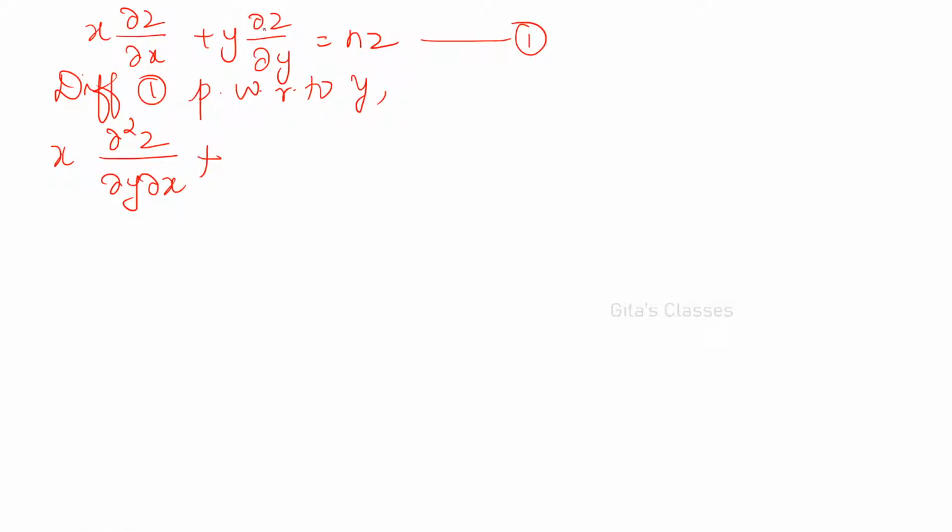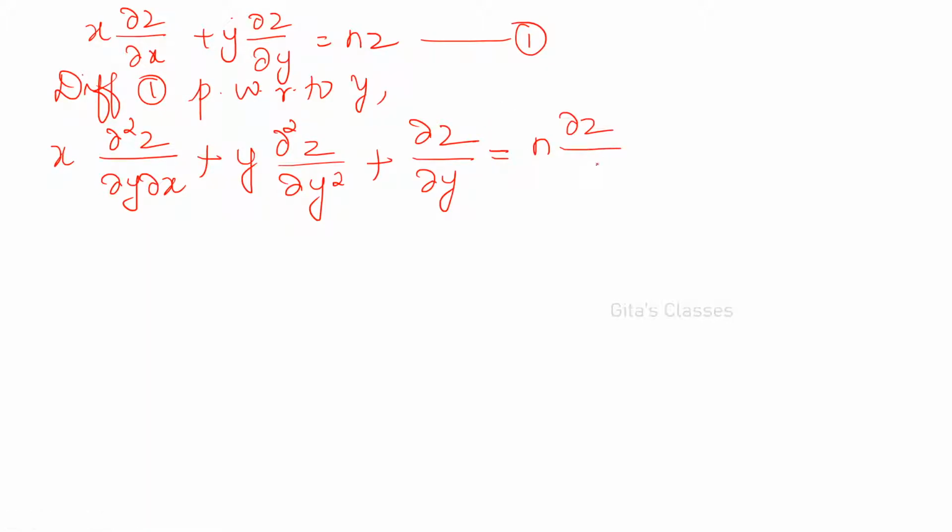Plus now you have the product rule. y is there and ∂z/∂y is also there. So y into ∂²z/∂y² plus ∂z/∂y. If you differentiate y partially with respect to y, it is 1. And this is equal to n into ∂z/∂y, right?